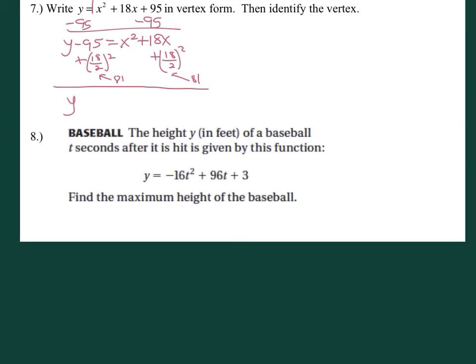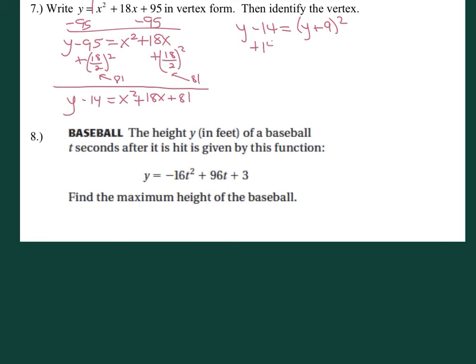So y, negative 95 plus 81 gives me negative 14. Over here I'll have x squared plus 18x plus 81. So if I factor that right-hand side, I'll have (x plus 9) quantity squared.